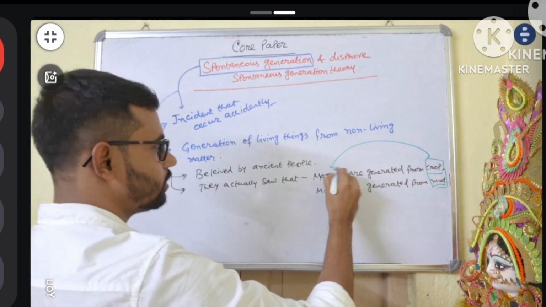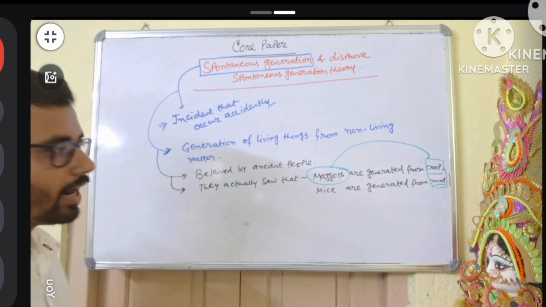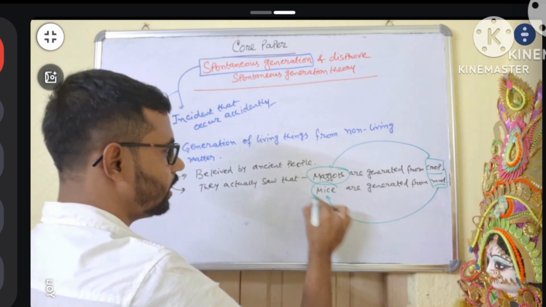Crop generates maggots, which are living things. Mud generates mice, which are living things.